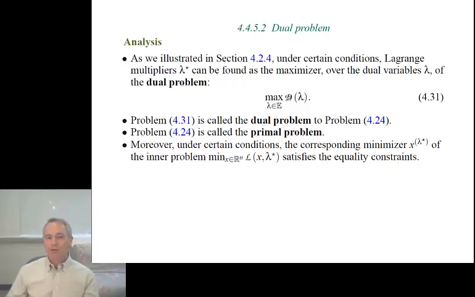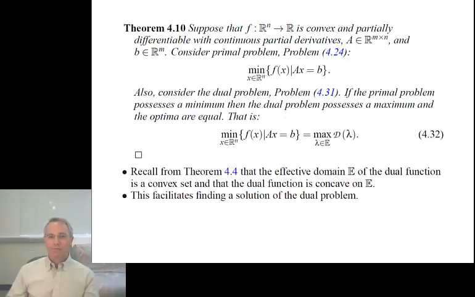This problem is called the dual problem, and as I've mentioned, the original problem is called the primal problem. And what we'll see is that under certain conditions, the minimizer of the inner problem corresponding to lambda star, the maximizer of the dual problem, satisfies the equality constraints.